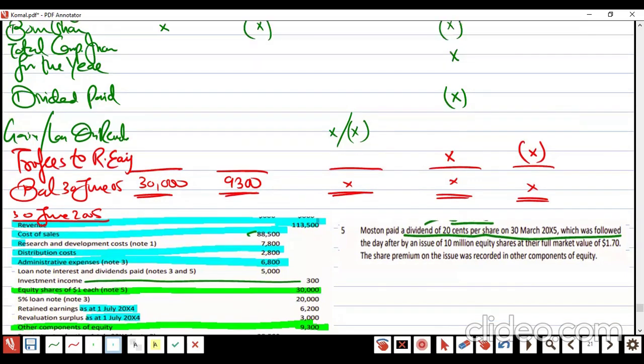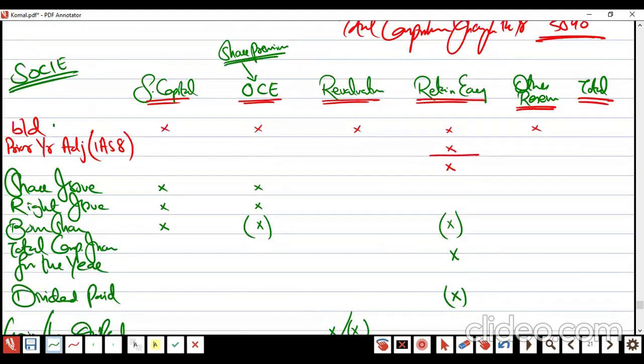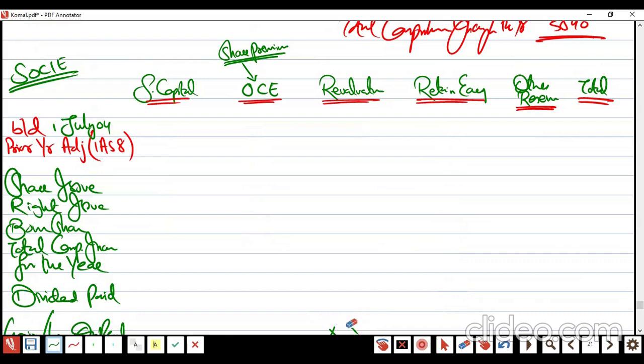Is this the beginning of the year or not? Revaluation opening balance was 3,000 and retained earnings was 6,200, right?